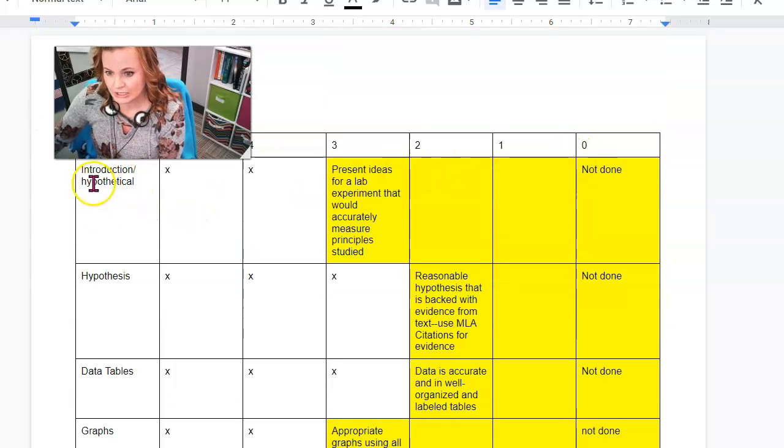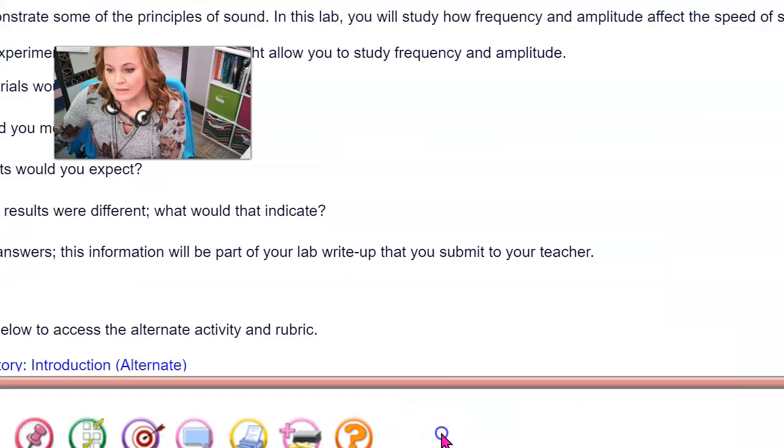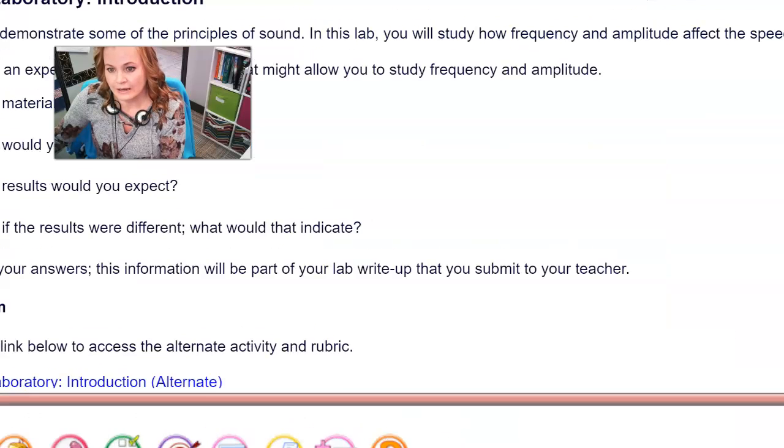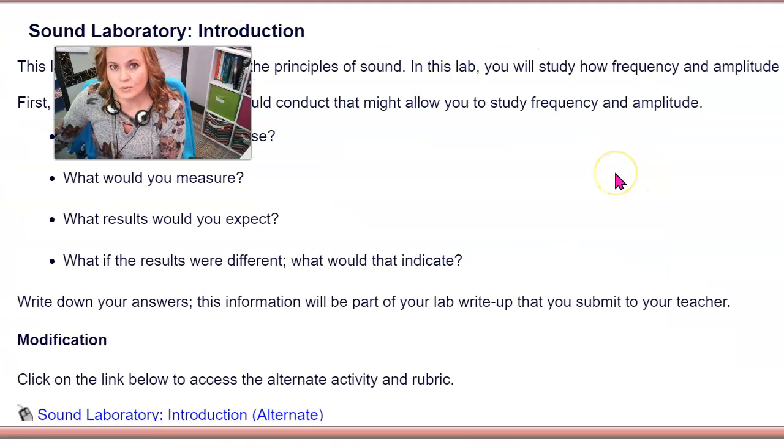So that first section is the introduction/hypothetical. In this part of the portfolio, you will introduce the concepts that we are covering and what you're testing for. Then you need to devise a hypothetical lab that you could do, for example, at home that would test or experiment with the same concepts.